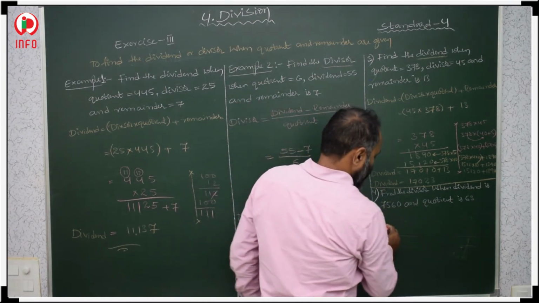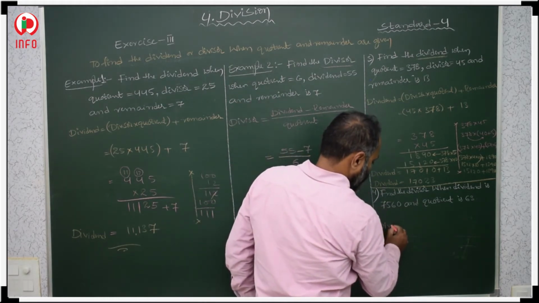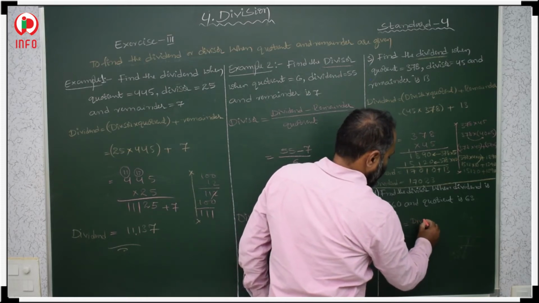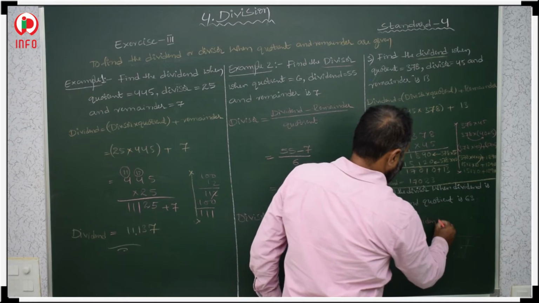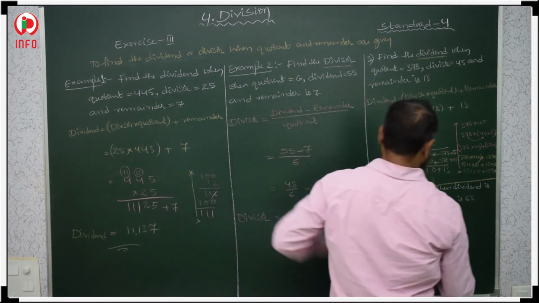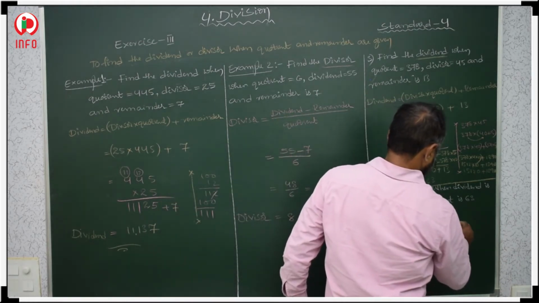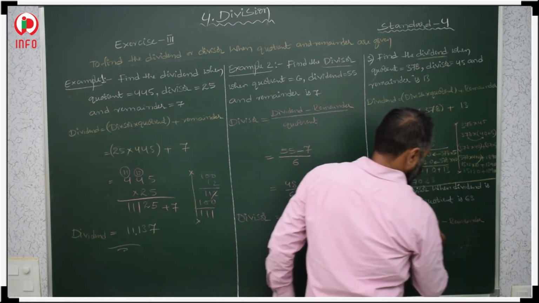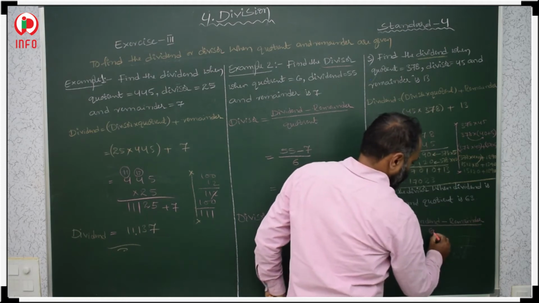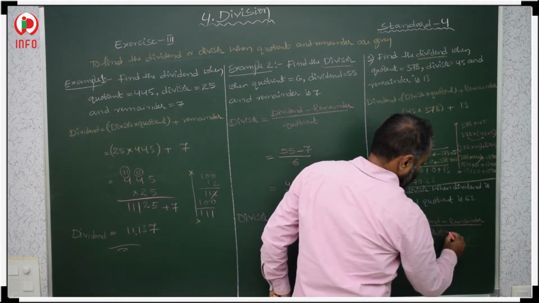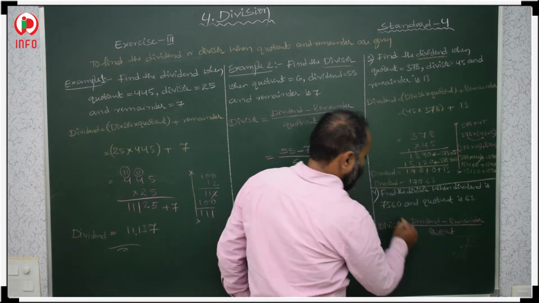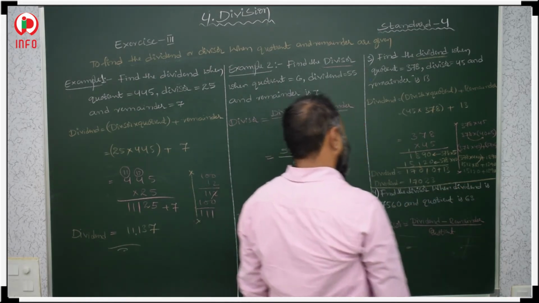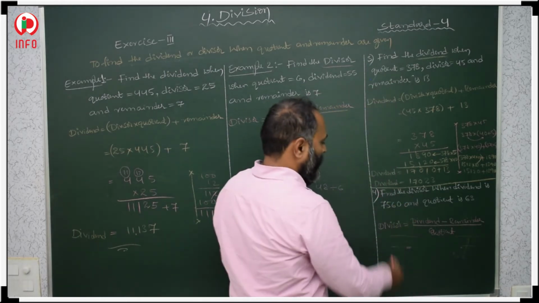So the divisor is equal to dividend minus remainder divided by quotient. What is the dividend here? The dividend is given, the divisor we have to find.